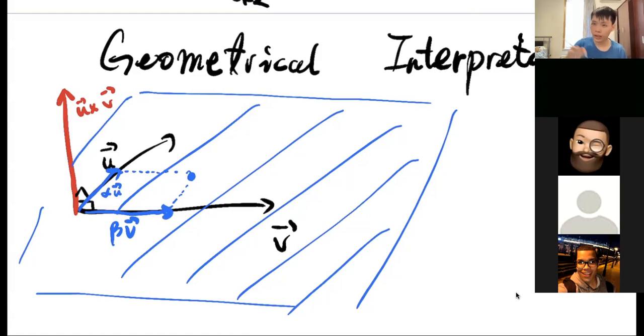Because it's a parallelogram, this diagonal edge is just the sum of the edges. And you can do it on all the points on this plane. For this point, again, draw a parallelogram, a portion of u, a portion of v. Again here, a portion of u, a portion of v.